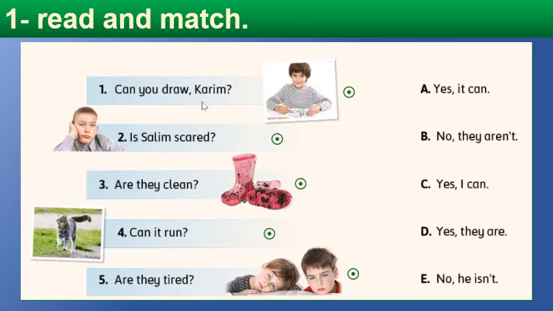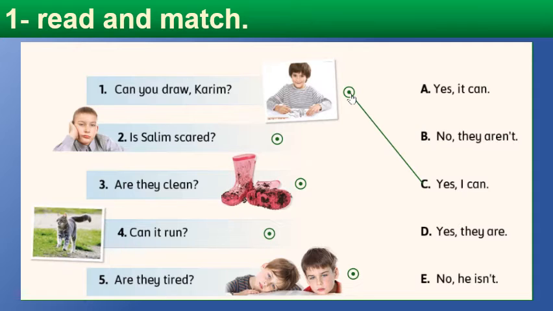Let's start with sentence number 1. Look at the picture of Kareem here. Can you draw Kareem? So, what do you think? Kareem would answer, alright, so of course, from the picture, Kareem can draw. So he answers the question and says, yes, I can.